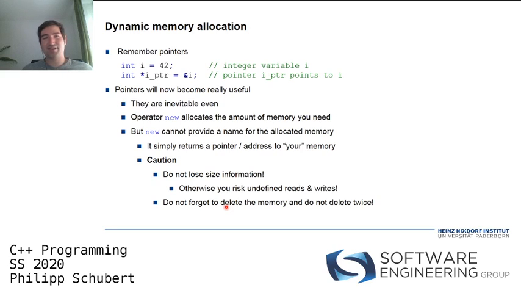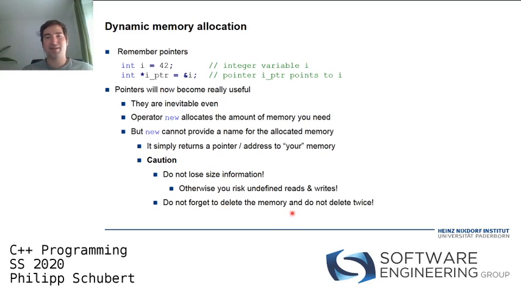But imagine you have a long-running server application, and now also imagine that you do some heap allocations within loops. So I don't know, for every user that logs into your system, you allocate some stuff on the heap and all the good stuff. But if you never free it, you will at some point run out of memory, and then your program will crash, and your operating system will kill your process and your program. So please also delete memory that you no longer need.